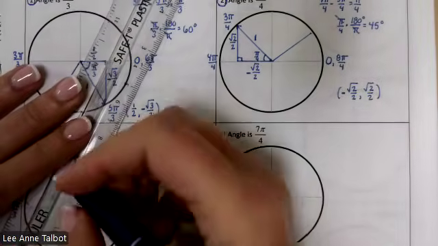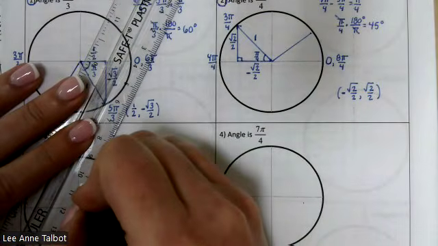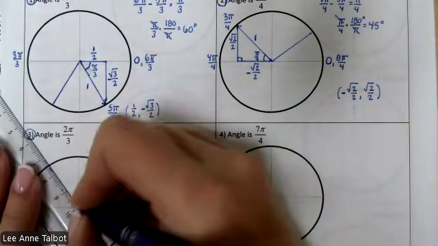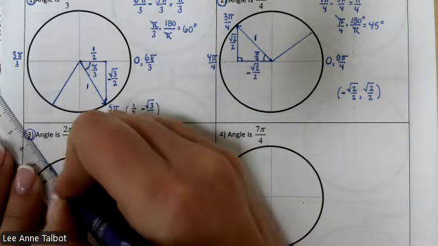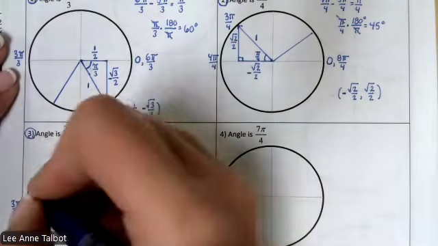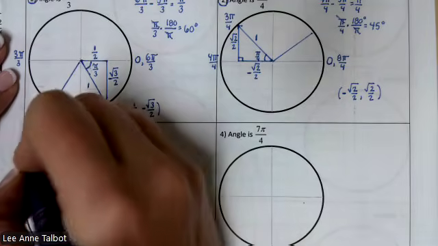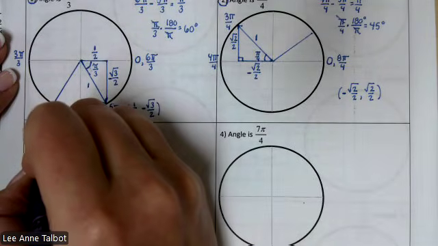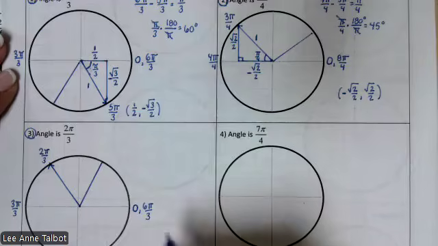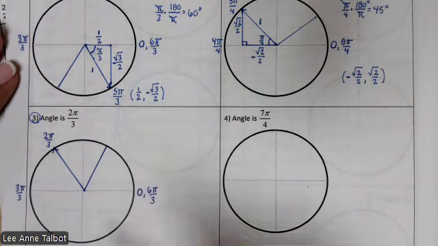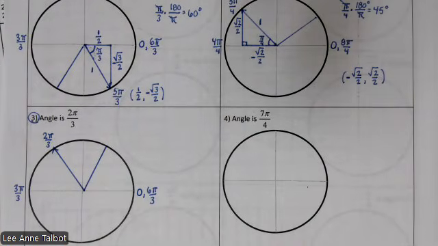Thirds. So that would be 1 pi over 3, 2 pi over 3, 3 pi over 3.